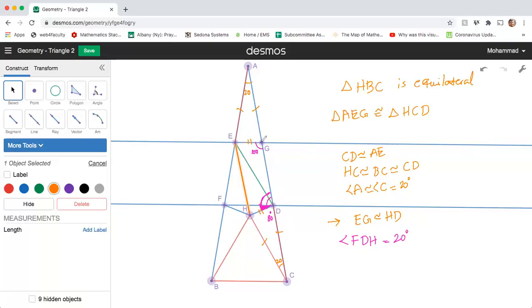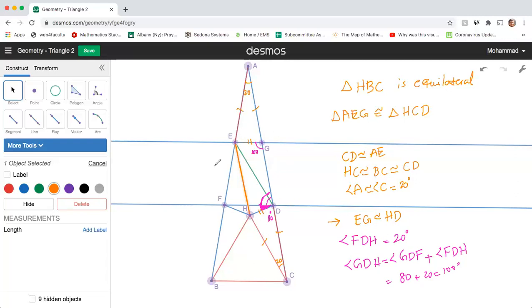And therefore the angle GDH will be equal to the angle GDF plus the angle FDH equals 80 plus 20 equals 100 degrees. So we show that these two angles that are marked here, the angle EGD and GDH, are both 100 degrees.